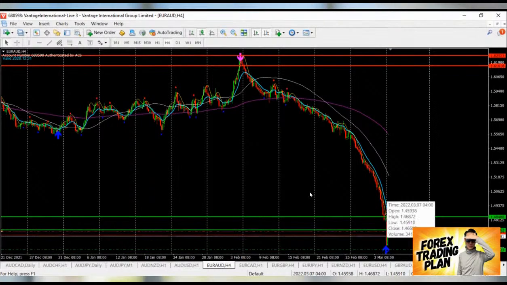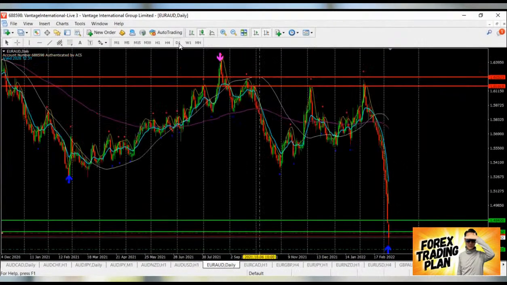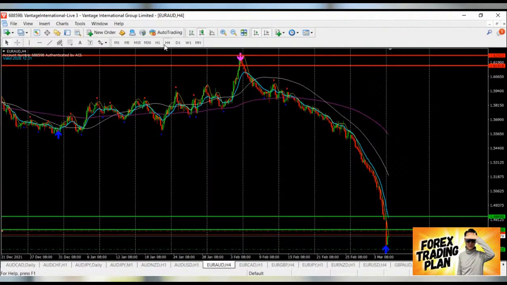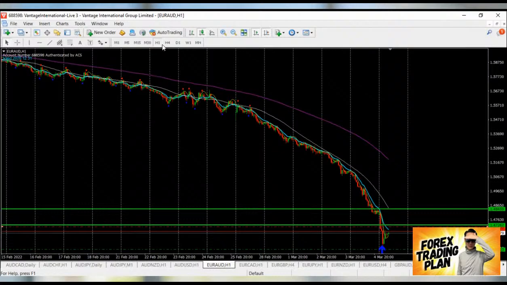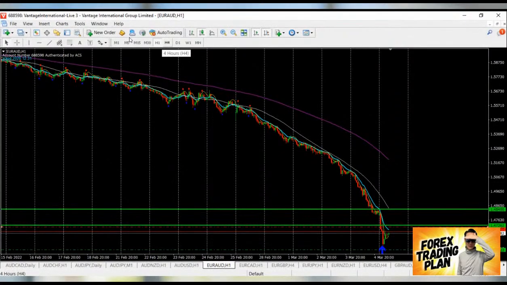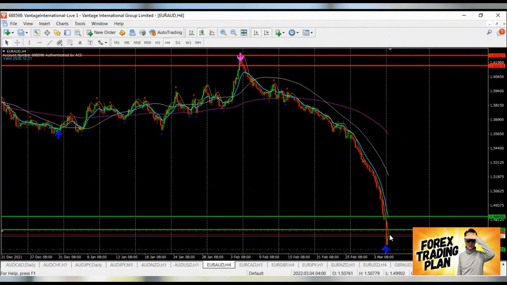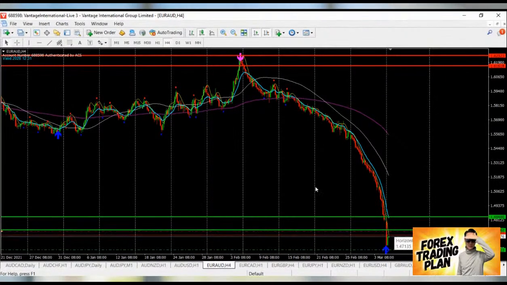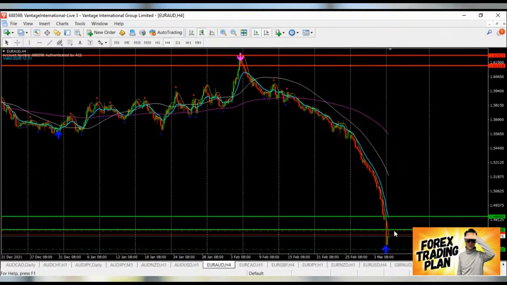So Euro Aussie, indeed it is still in the selling. I will say that probably we can actually hang on with this Euro Aussie. If it touches the resistance here, which is just below the bull zone, and it's not breaking, yes, we can sell.